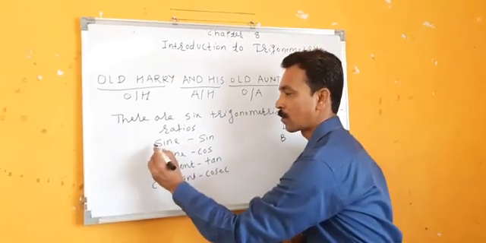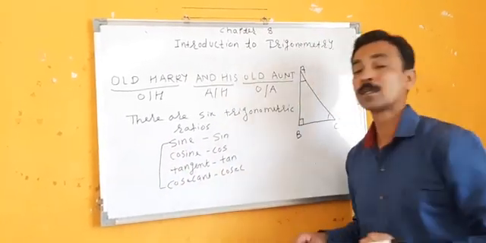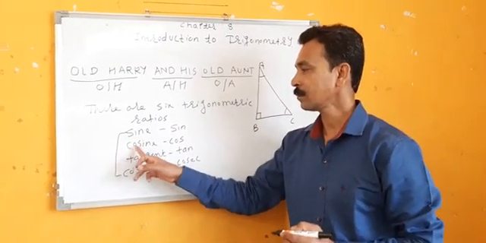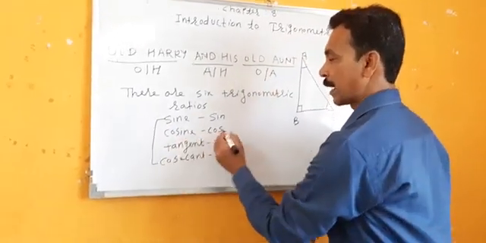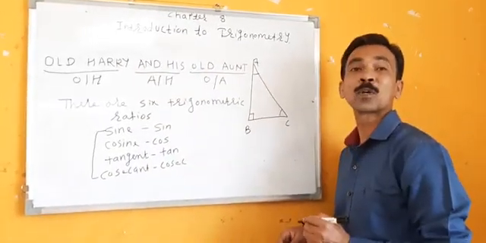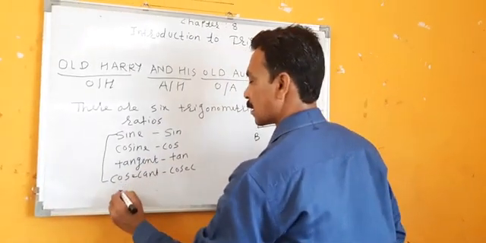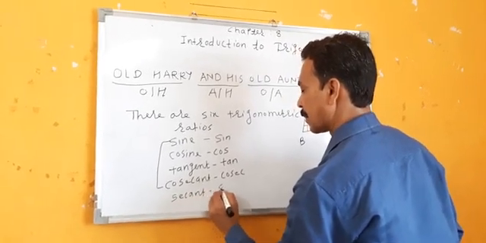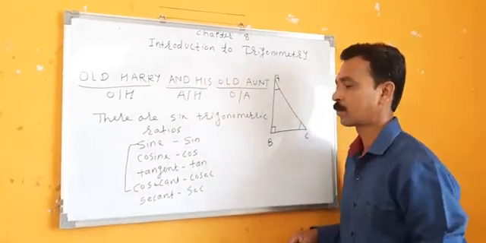The reciprocal of cosine is secant, secant means sec.